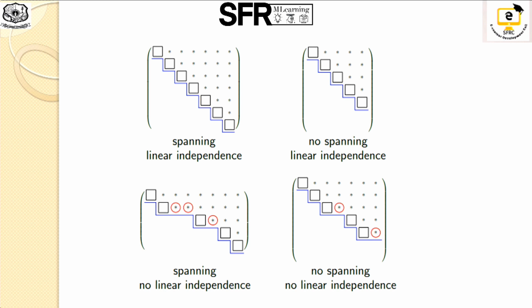The second example shows a collection of vectors that do not span the whole vector space. Therefore, it is not a spanning set, but they are linearly independent. The third example spans the whole space, but they are not a linearly independent set. And the last example is not a spanning set, and it is also not a linearly independent set.